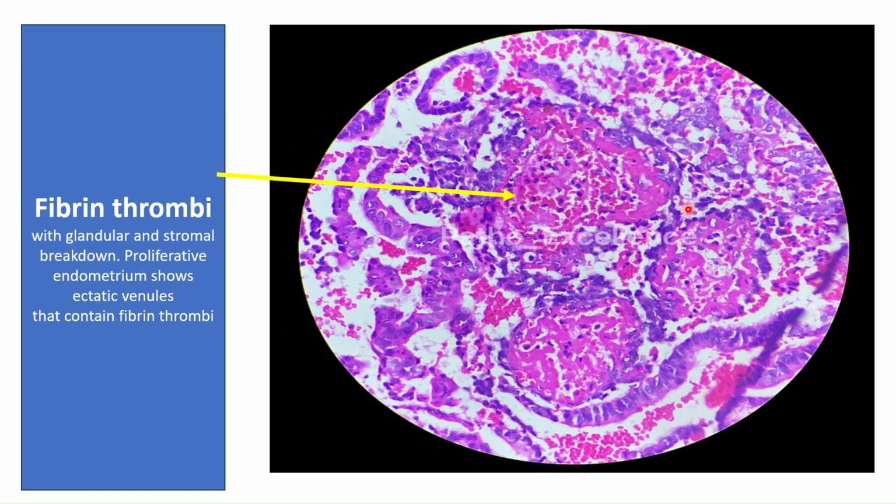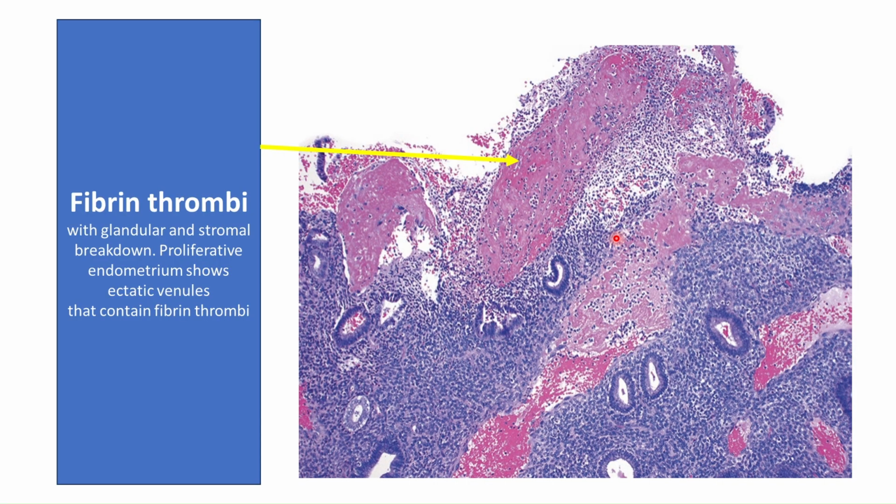So these are fibrin thrombi in case of AUB. This section again shows multiple ectatic venules containing fibrin thrombi, compact stroma, weak proliferative endometrial glands, and edematous and hemorrhagic stroma.